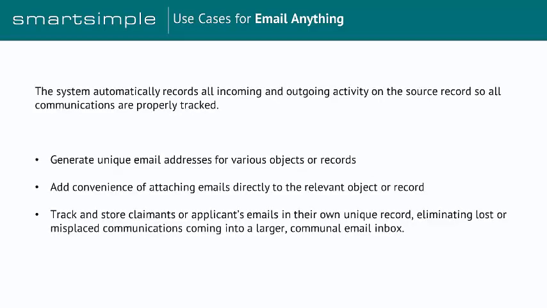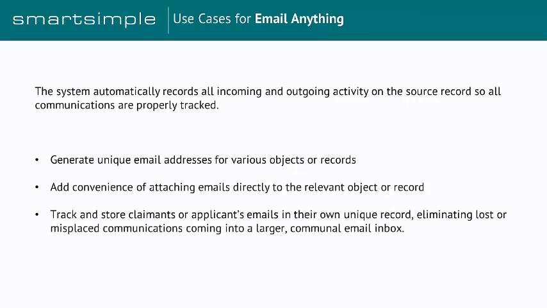Just to go through some use cases for email anything. Every object in our system, be it a level 1 record, a contact profile, or an organization profile, for each and every record, we have a unique email address. And we can generate that unique email address with a single custom field.